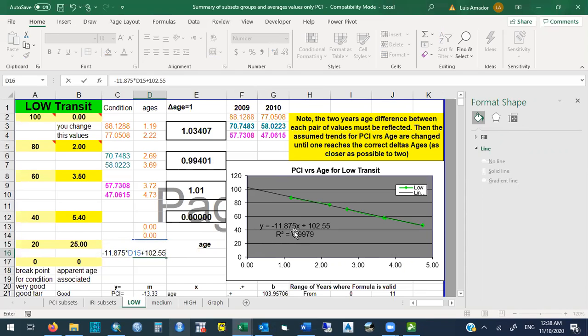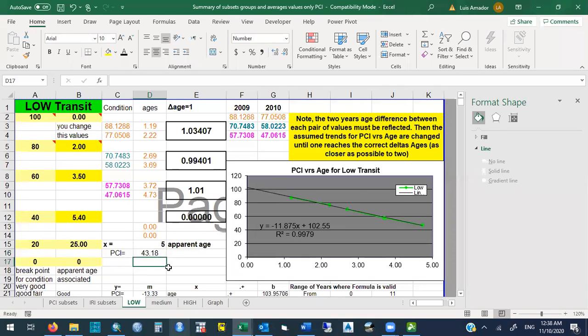Actually, if you notice, the equation is incorrect. It should be plus 100, right? I should force the intercept to be 100 in this equation, but just for now, let's keep it. It's 43, at 6 is 31, at 7 is 19, at 8 is 7.